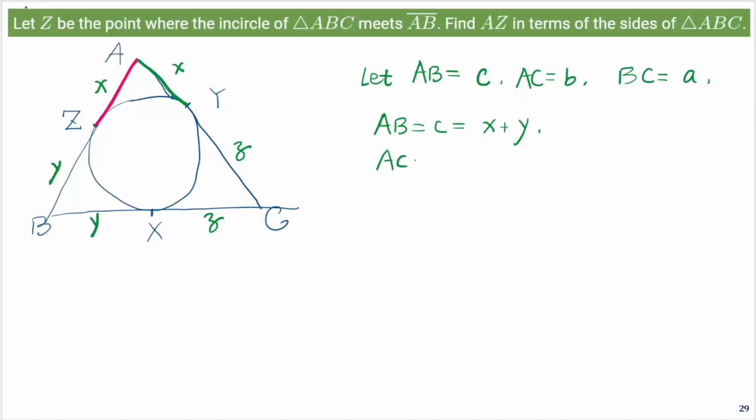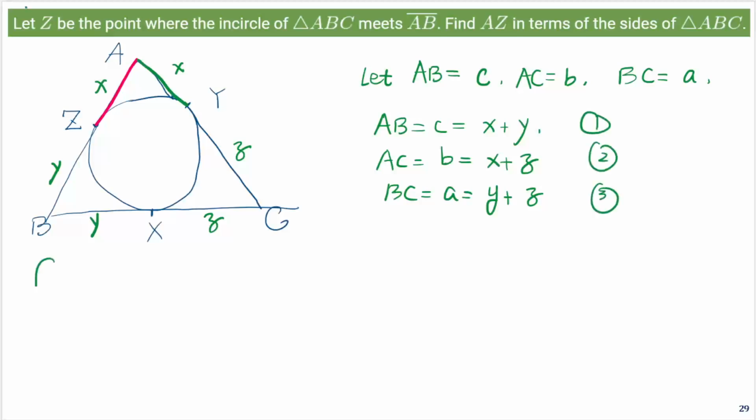And AC equals B, which equals X plus Z. And BC equals A, which is Y plus Z, right? We want X in terms of A, B, and C. So adding the three equations could help us with this. So add them up.